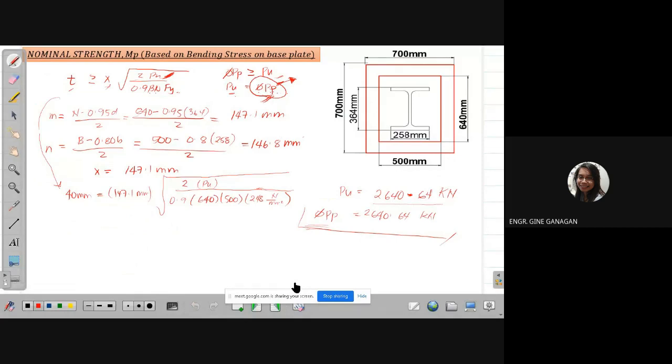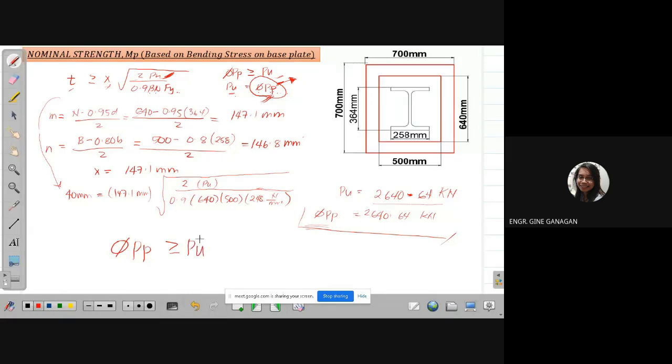So ano na ngayon yung magiging design strength natin? Ano yung magiging design strength natin between the two? Is greater than or equal to.